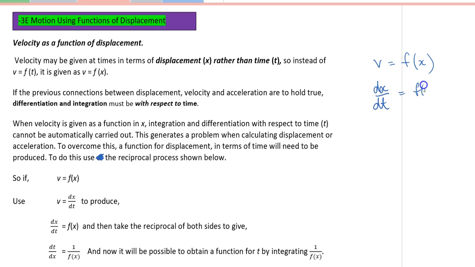Now, it doesn't make much sense to say that dx/dt is equal to a function in x, because we can see there's no t here. But there's one really simple way to fix that: turn each side upside down.